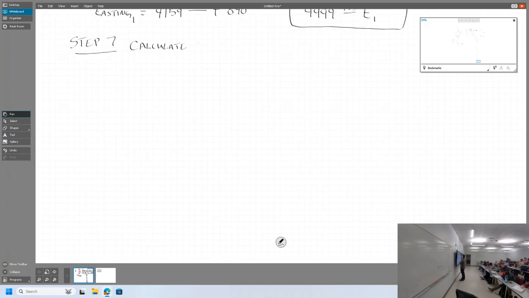calculate the error of closure for the traverse.